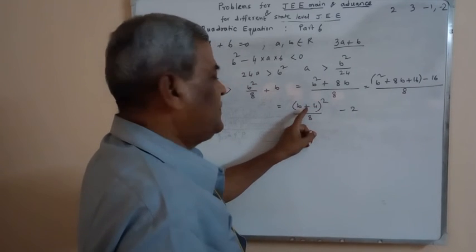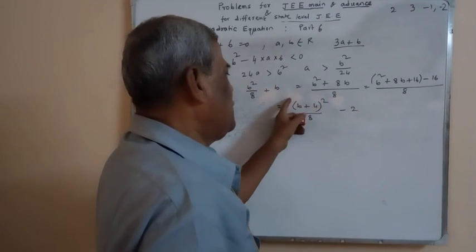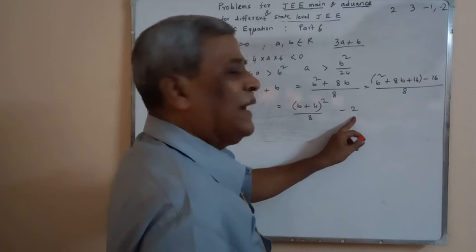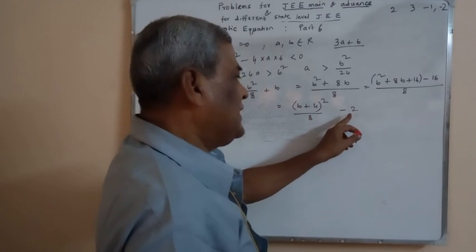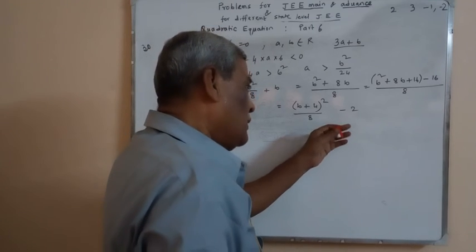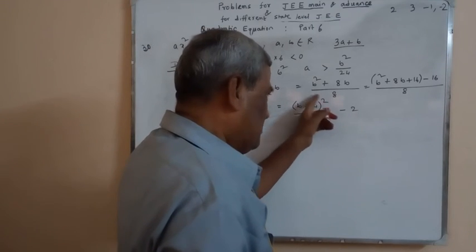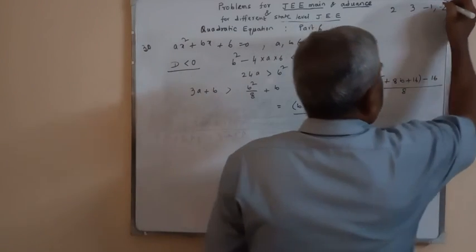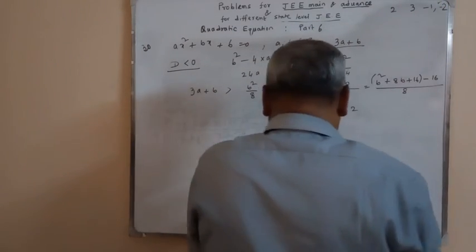This is positive, so the least value is minus 2, because it is either minus 2 or plus something. But the least value would be minus 2. So minus 2 is our answer. Option D is correct.